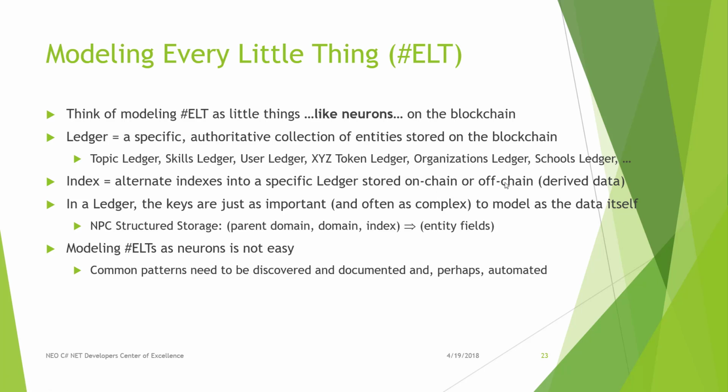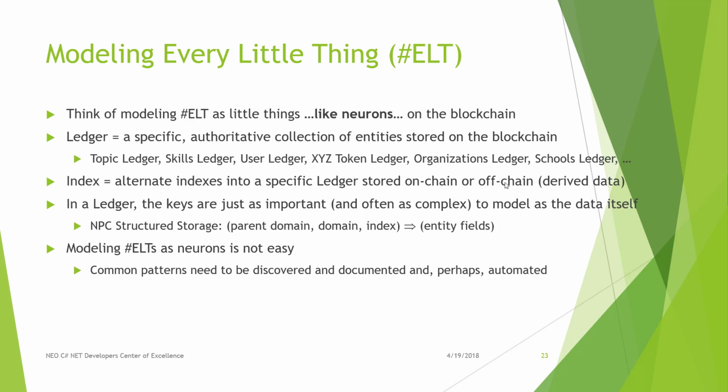Today, NPC doesn't have support for entities off-chain, but the compiler is easily modifiable to support creating an off-chain API that uses the same entity model, but instead of calling storage get and storage put, it might write them into a SQL Server database or a NoSQL database or a JSON file.